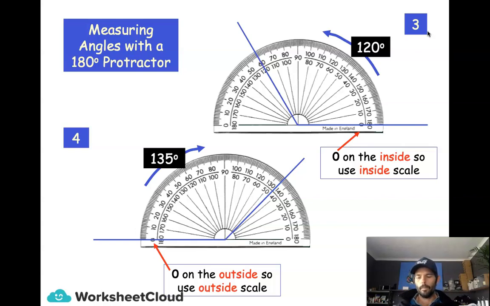I encourage you to replay it so that you understand which scale to use, but I'm always a big believer in looking at the angle and recognizing if it's greater than or less than 90 degrees, and that helps me understand which part of the scale on the protractor I need to read.